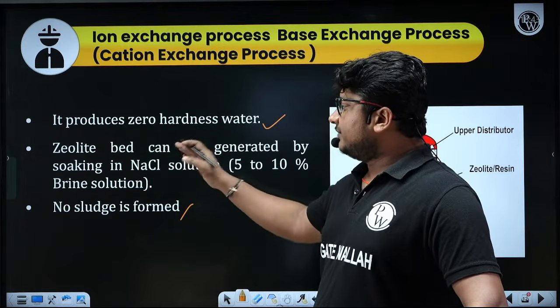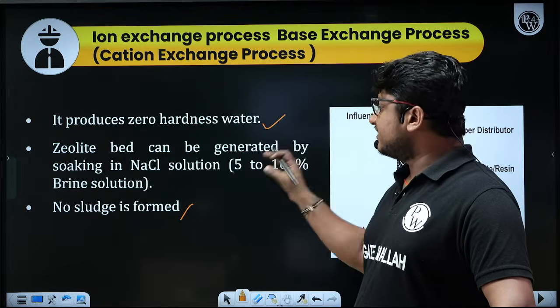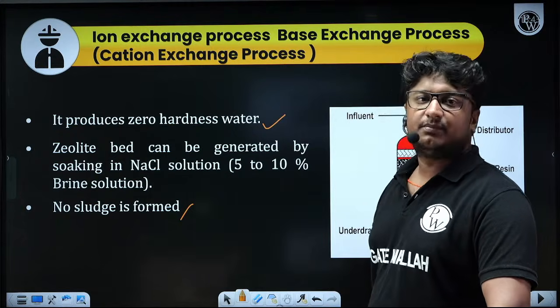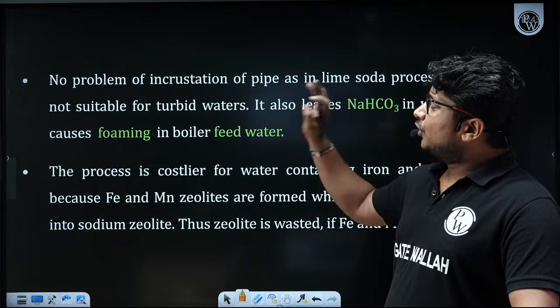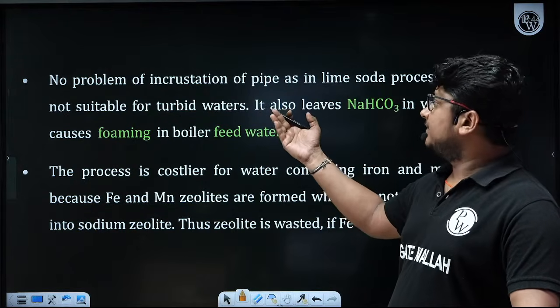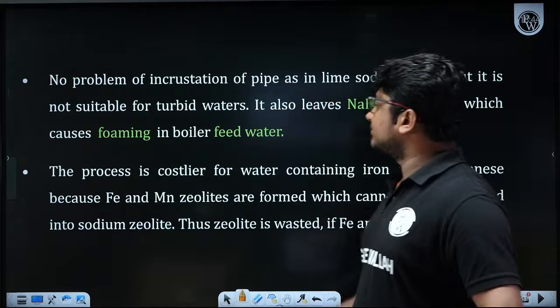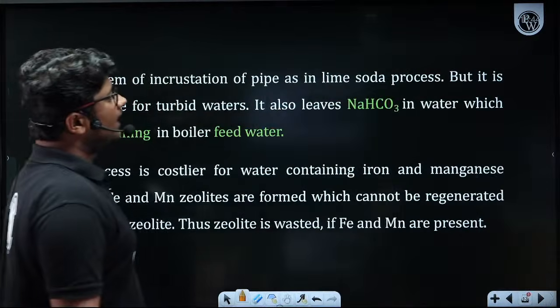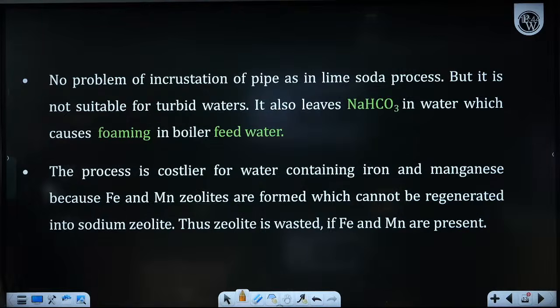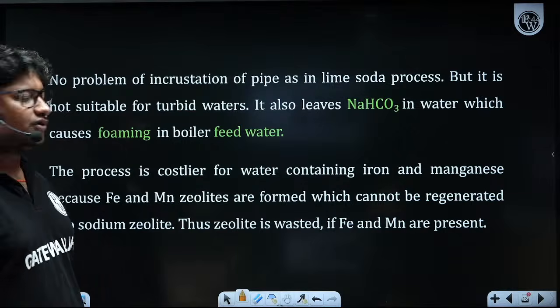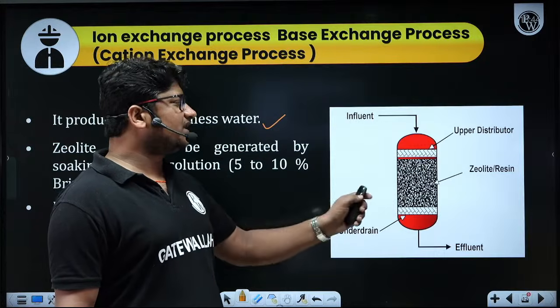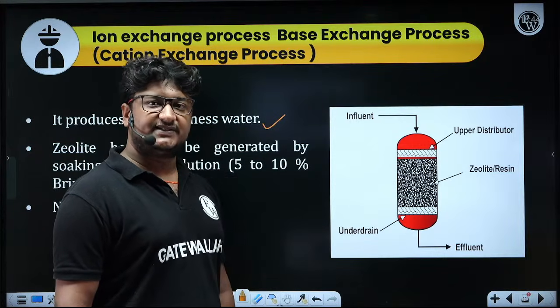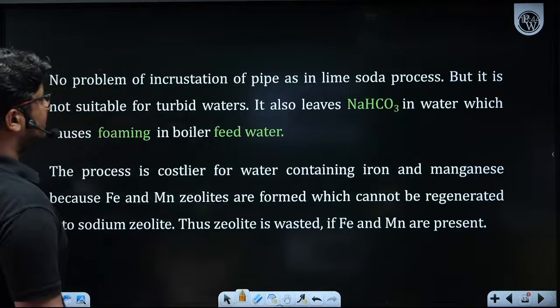You can regenerate the zeolite bed with the help of brine solution, and there is no problem of incrustation of pipes as in the lime soda process. But it is not suitable for turbid water. There is some issue also. In this ion exchange process, you cannot pass turbid water through the zeolite bed.